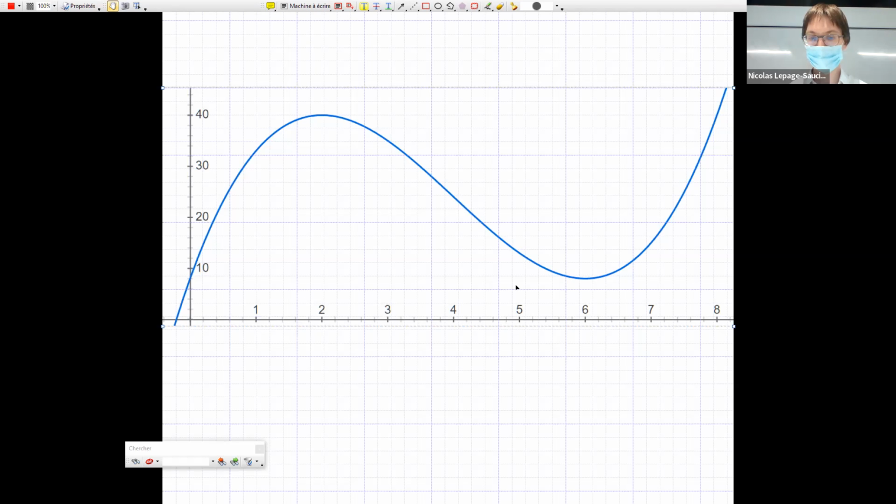X equals 2 and x equals 6. And then I know, first of all, that the first derivative at 2 is 0 and at 6 is 0.